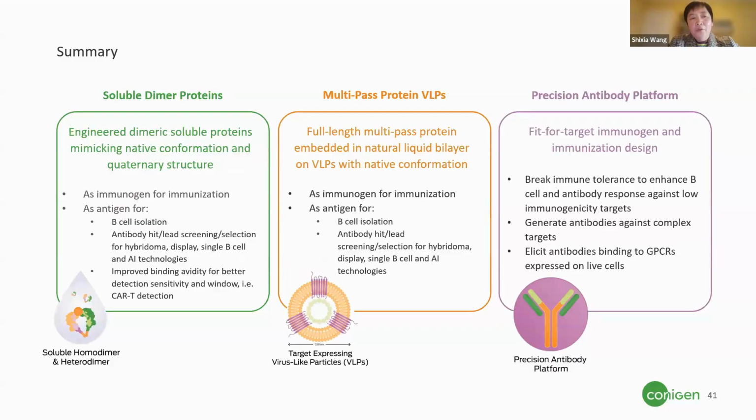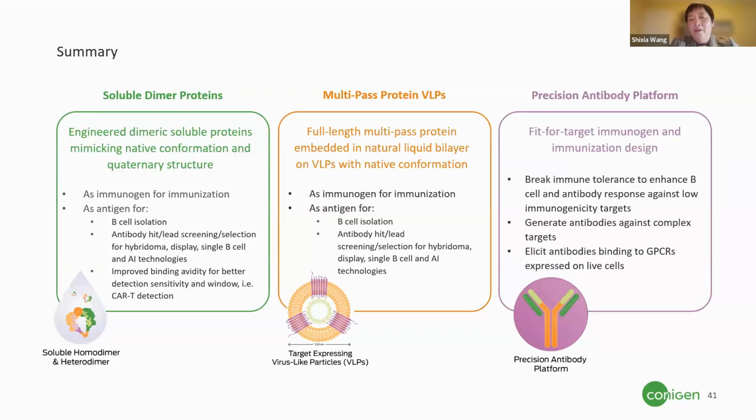We have two different forms of proteins, the soluble dimeric proteins, which are very easy to use as an immunogen for immunization, and also as antigen for all kinds of in vitro assays, and also to fish out antibody-specific B cells. Similarly, the multi-transmembrane proteins on the viral particle are bioactive and mimic natural conformation in the natural lipid bilayer.